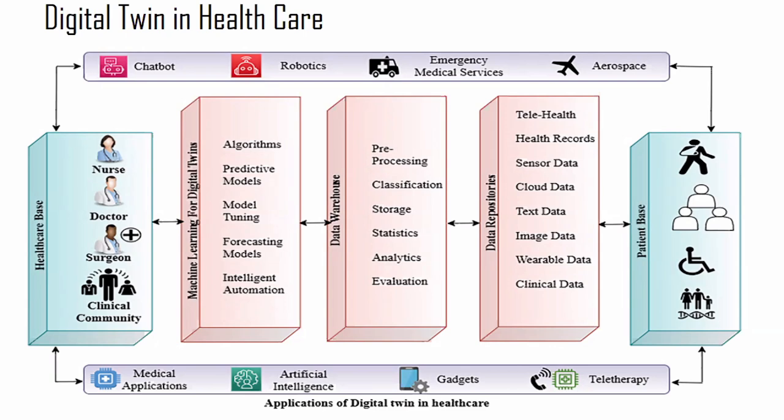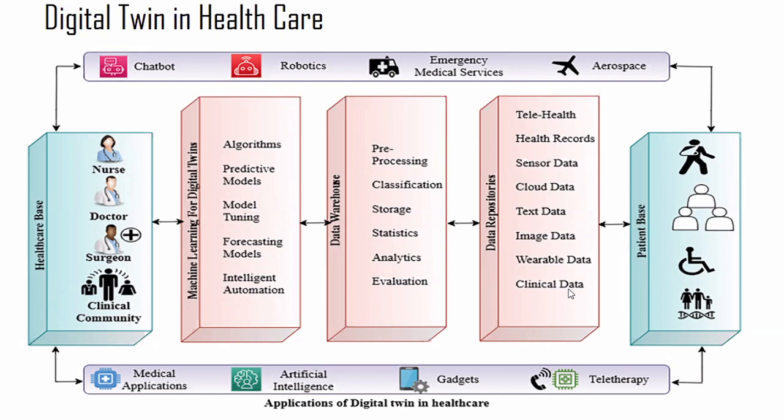It's a big thing actually. It cannot be implemented simply, a lot of technicians and engineers should be involved. But AI is one of the components used in these digital twin technologies. Again, there is text data or image data, wearable data, clinical data.